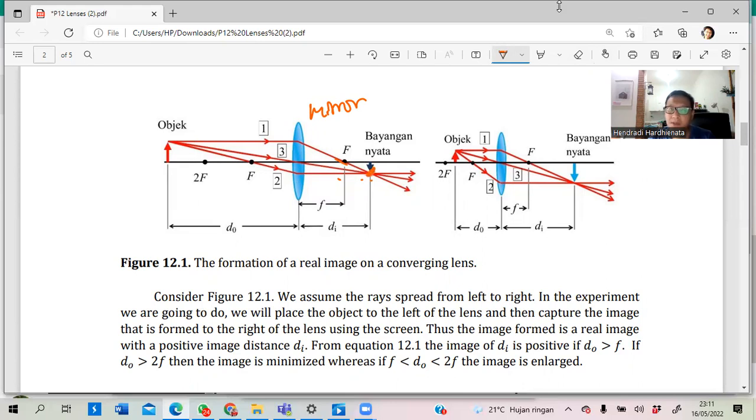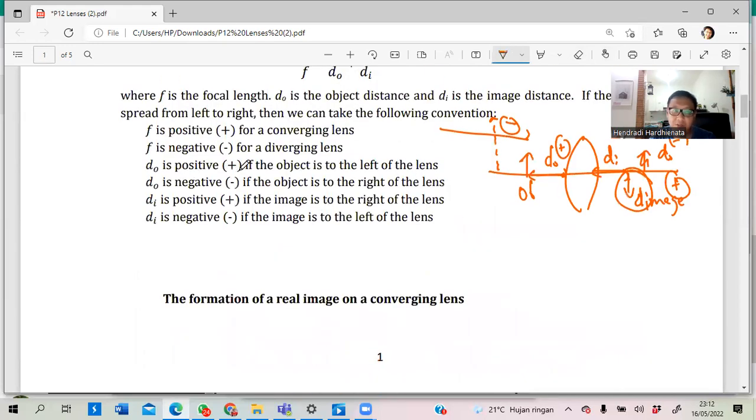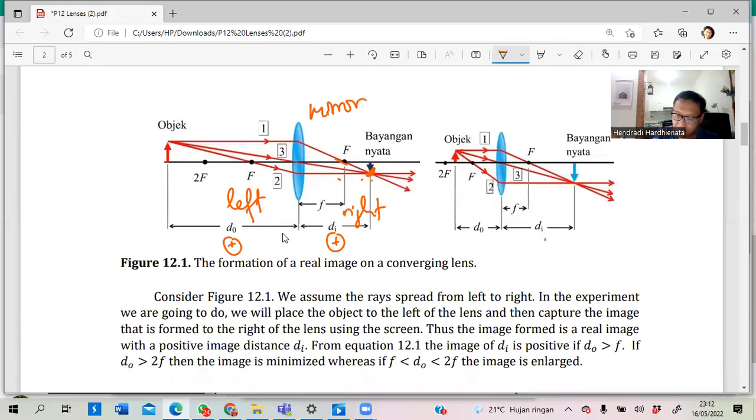Okay, and the definition of DI and DO: here we have a positive DI and also a positive DO because DO is on the left and DI is on the right. Based on the convention that we just have here, DO is positive if the object is to the left and DI is positive if the image is to the right. So for DO plus DI here, we use positive values for both of them.